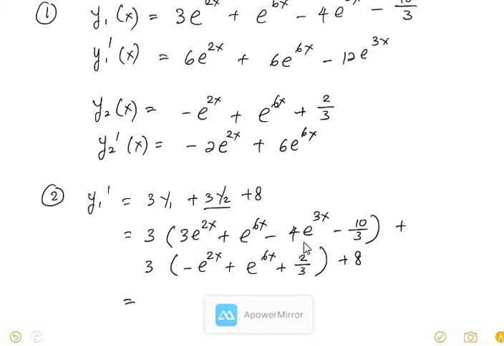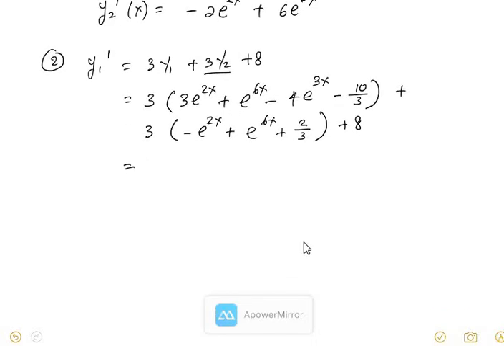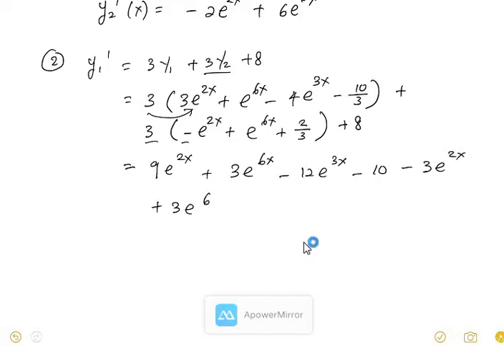Now you can simplify. Multiplying in, you get 9e^(2x) plus 3e^(6x) minus 12e^(3x) minus 10, then minus 3e^(2x), plus 3e^(6x), plus 2, plus 8.